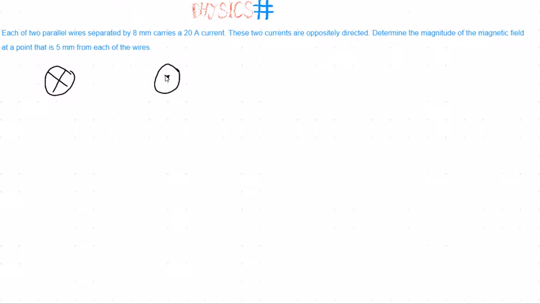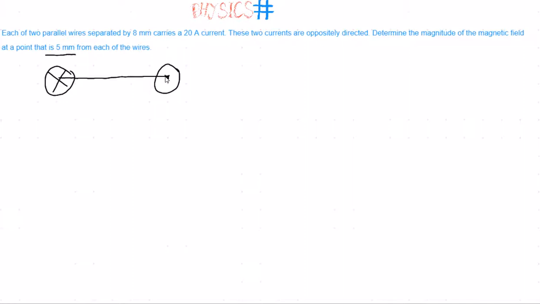Now the other information we're going to use is this 5 millimeters distance, which is between each of those current carrying conductors and the point in space where we're measuring the magnetic field contribution from both of them. As you can see, this must not be on the straight line connecting these two conductors, because if it was on the line, it would have to be the midpoint, since this point is the same distance away from the two conductors.